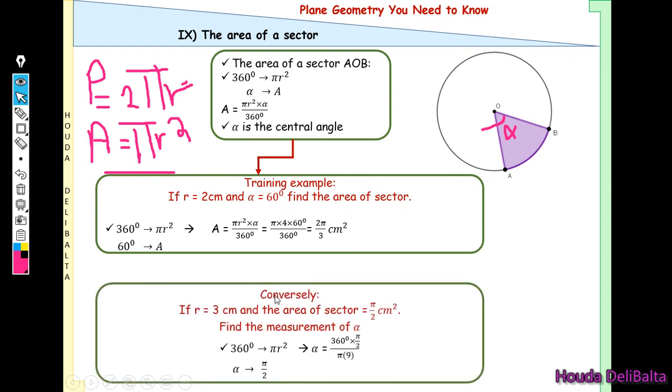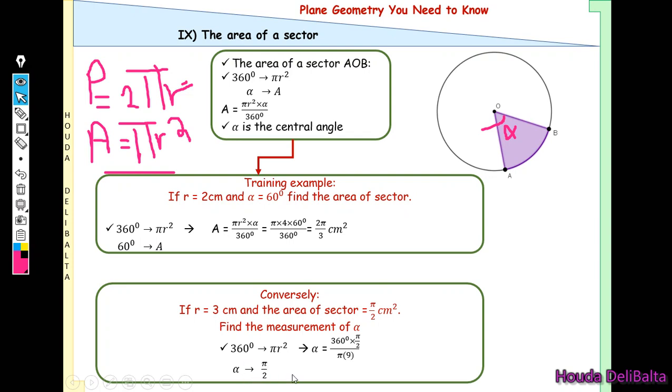Now conversely, if we have the measurement of the area, if we have the area that's equal here, for example, pi over 2, the area of the sector, and we have to calculate the measurement of the central angle facing that arc AB, all what we do is also to apply that rule, and thus we will get 360 is corresponding to pi r squared, alpha is corresponding to pi over 2.